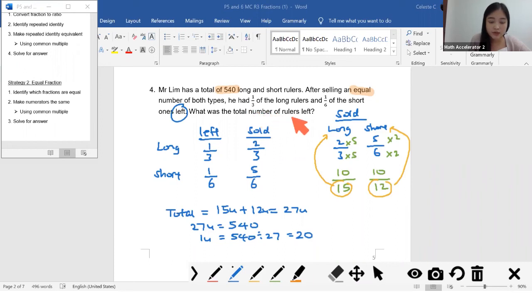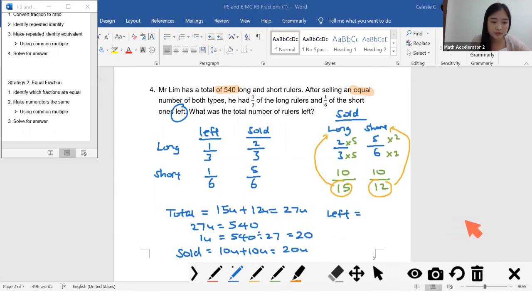Right, so what was the total number of rulers left? Okay, you know 20 in total was sold, right? So you have 10 units plus 10 units. So 20 units was sold. So what is left? Anyone?